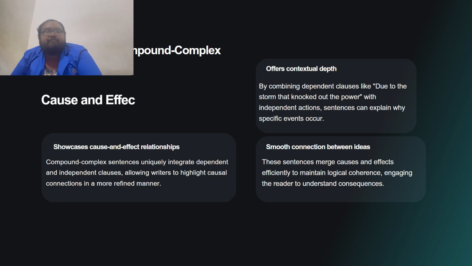It offers contextual depth by combining dependent clauses like due to the storm that can knock out the power with independent action sentences. Action sentences can explain why specific events occur. Smooth connection between ideas: these sentences merge cause and effect efficiently to maintain logical coherence, engaging the reader to understand consequences.